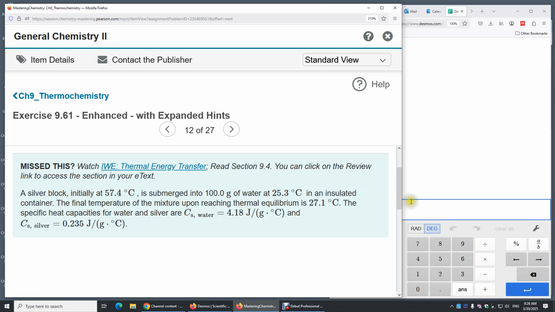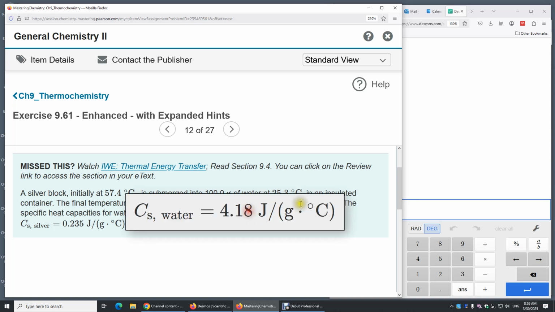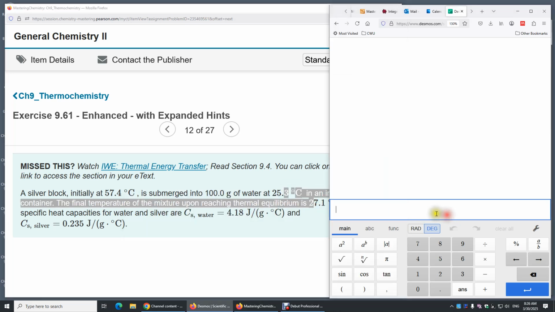So now let's set it up. Let's look at the amount of heat flows into the water, which is pretty straightforward. Mass times the specific heat capacity times the temperature change. Alright, so mass times 4.18, that's for water, times the temperature change of the water. Here's the heat gain of the water.